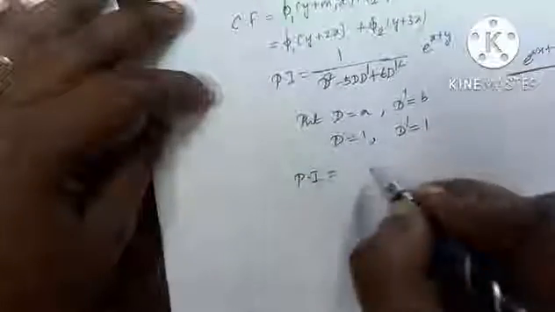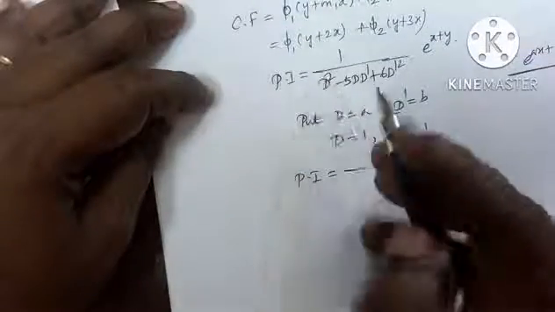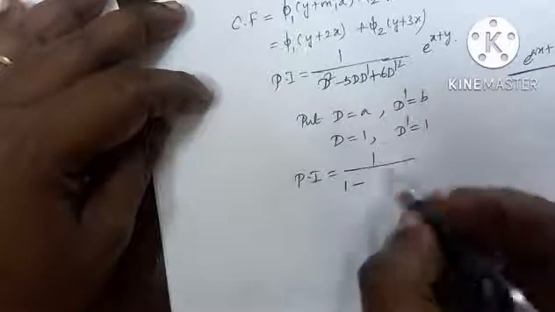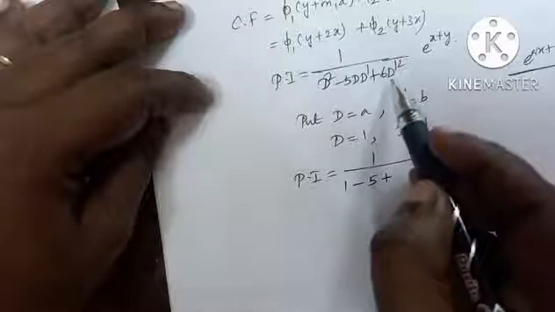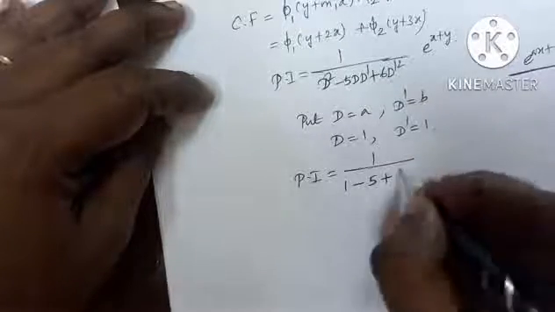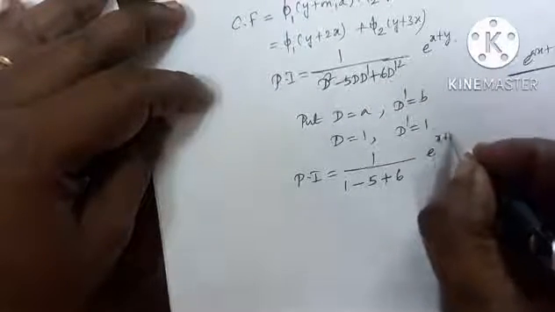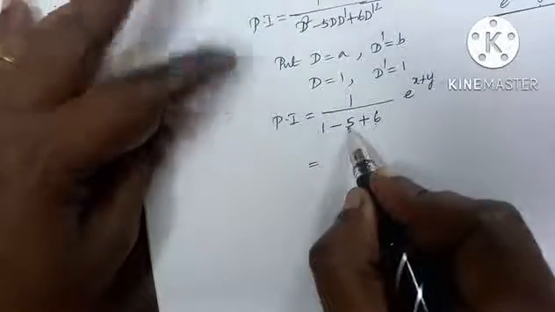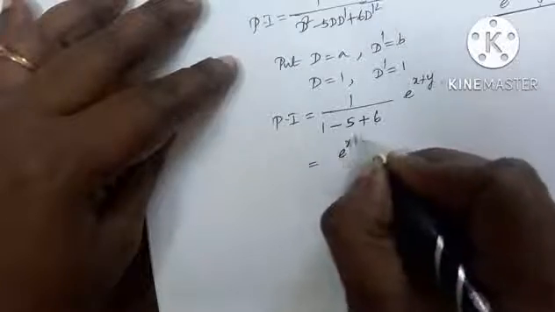So PI is equal to 1 by (1 minus 5 into 1 into 1 plus 6 into 1 square), e power x plus y. This is 6 plus 1, 7 minus 5, 2. So the answer is e power x plus y by 2.